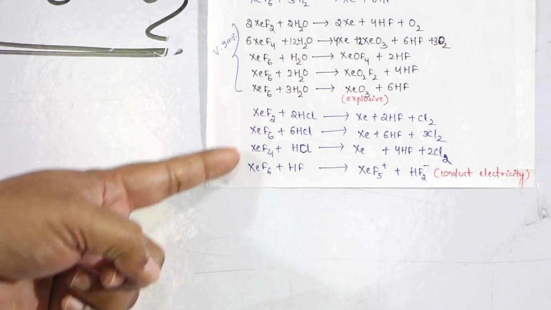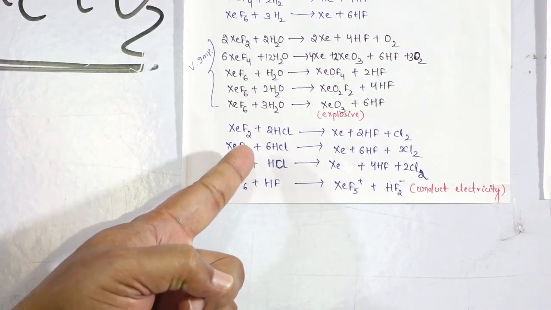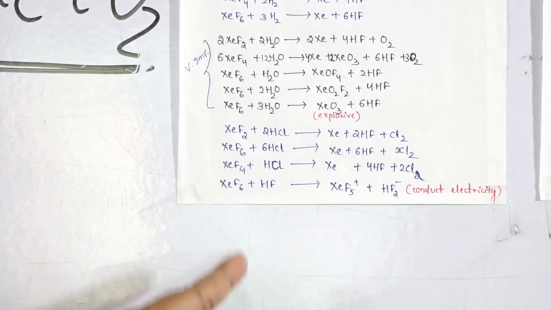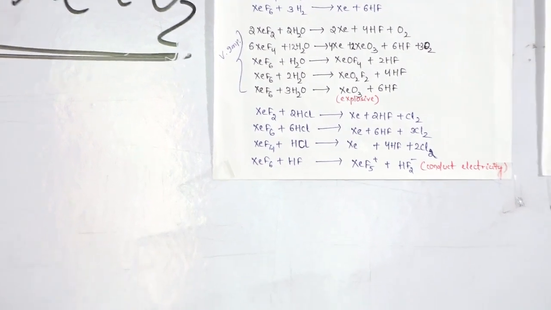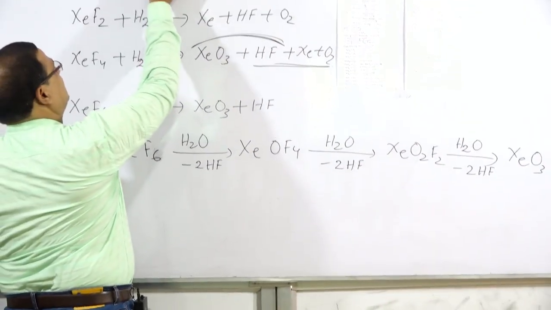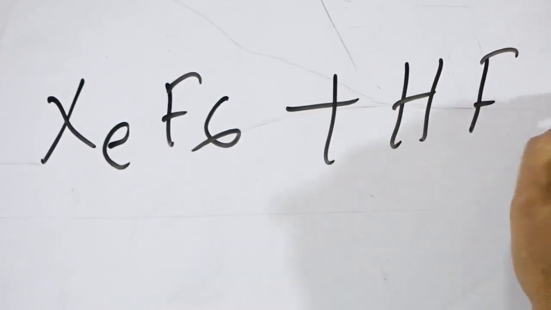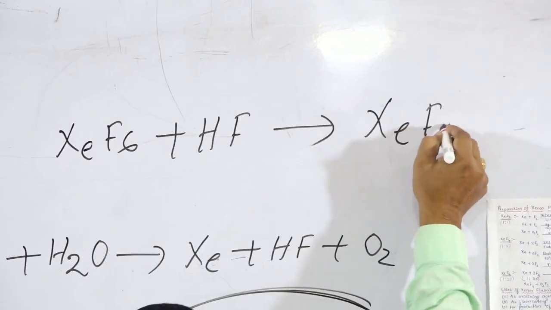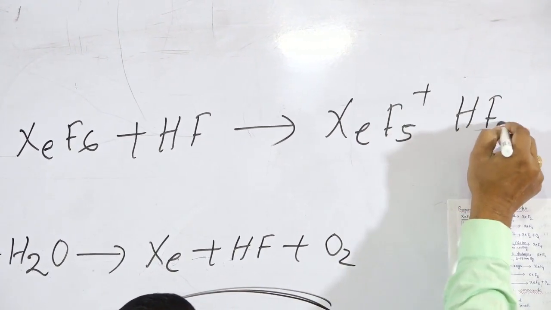Next, these are the reactions which indicate the oxidizing nature of xenon difluoride, tetrafluoride or hexafluoride, which helps in the production of chlorine. Also, two other important reactions of xenon hexafluoride: xenon hexafluoride reacts with HF, there is the formation of XeF5+ and HF2-.